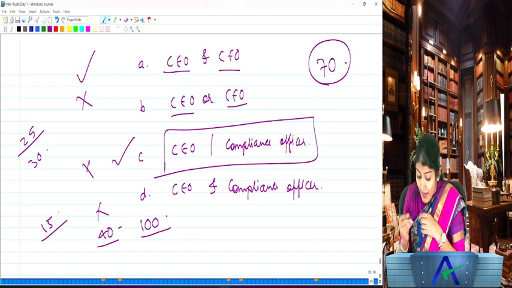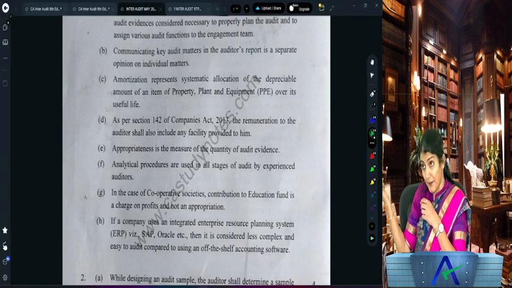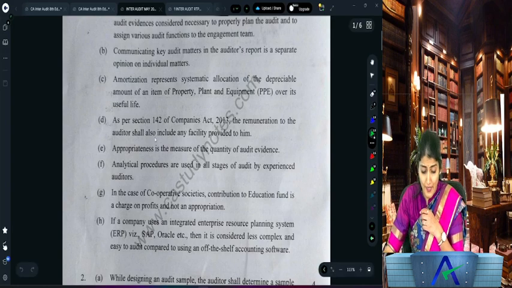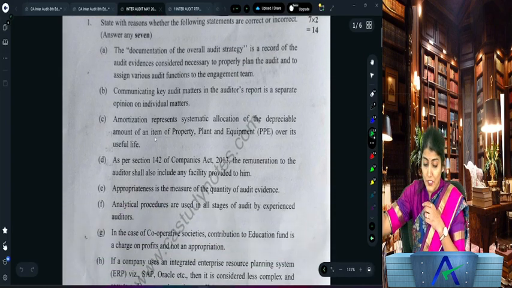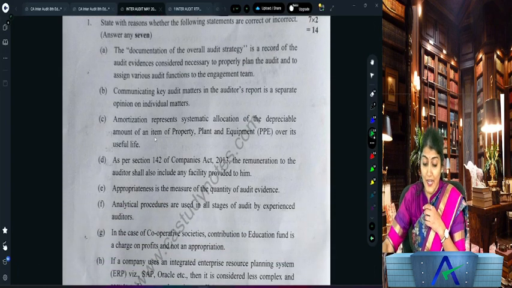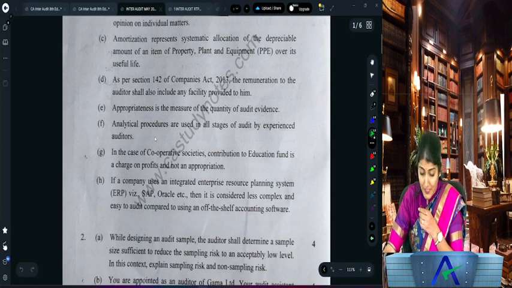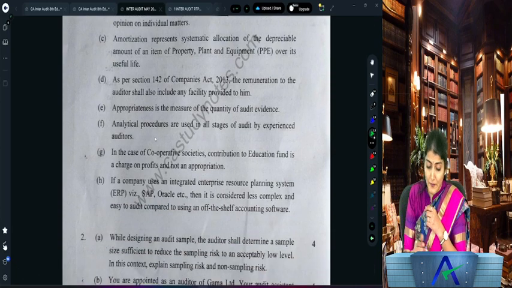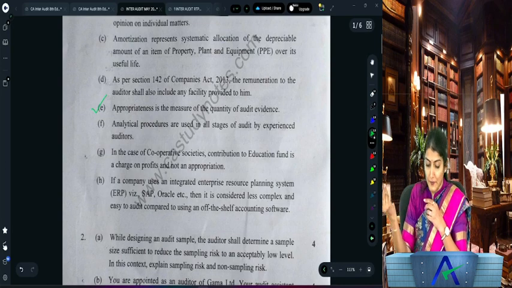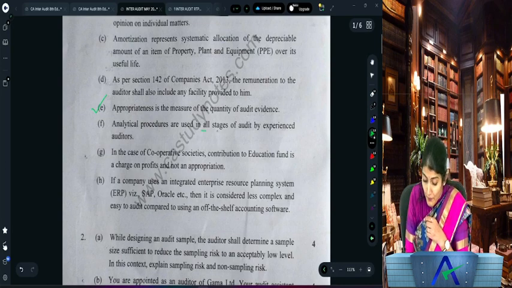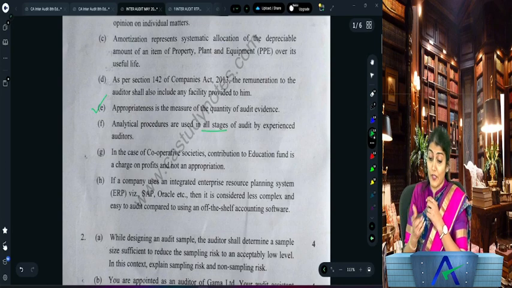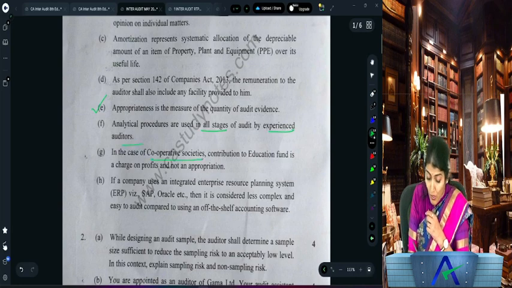Are you getting that? And see, again they make a new question. Now this question was never asked previously. Right, so if you look at the questions over here: documentation of audit strategy, key audit matter, property, plant and equipment, appropriateness, probably this is one question which has been repeated, then analytical procedures used in all stages of audit by experienced auditors, then cooperative society, and then automated environment.